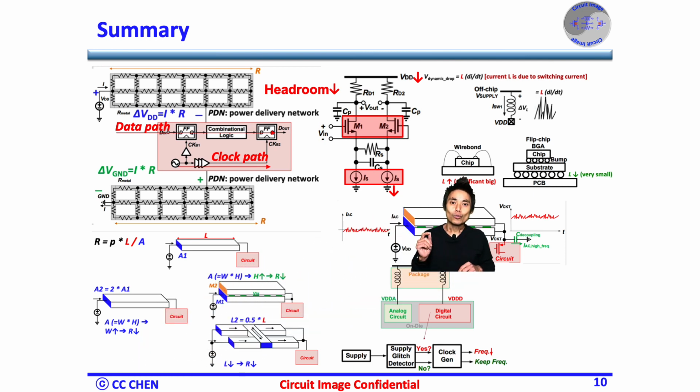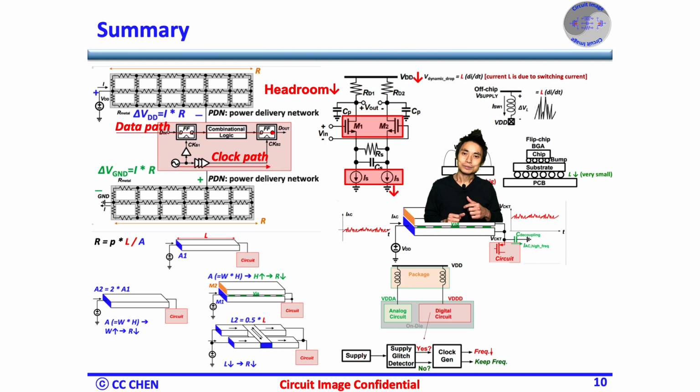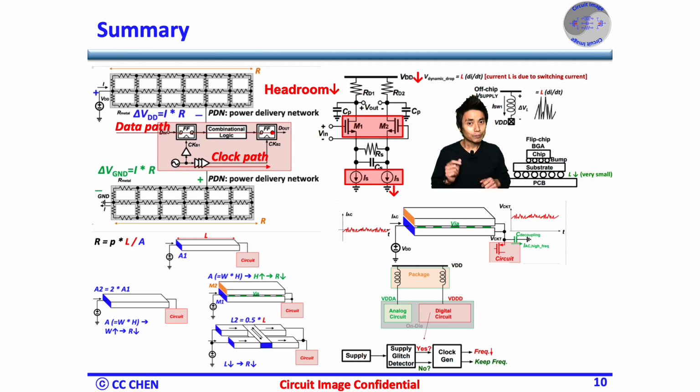Second, we need to reduce the dynamic IR drop by adding more decoupling capacitors close to the power and ground connection of the transistors to filter out the switching ripple effectively. In addition, reducing the chip package lead inductance with a higher cost, like a flip-chip BGA, will work very effectively.